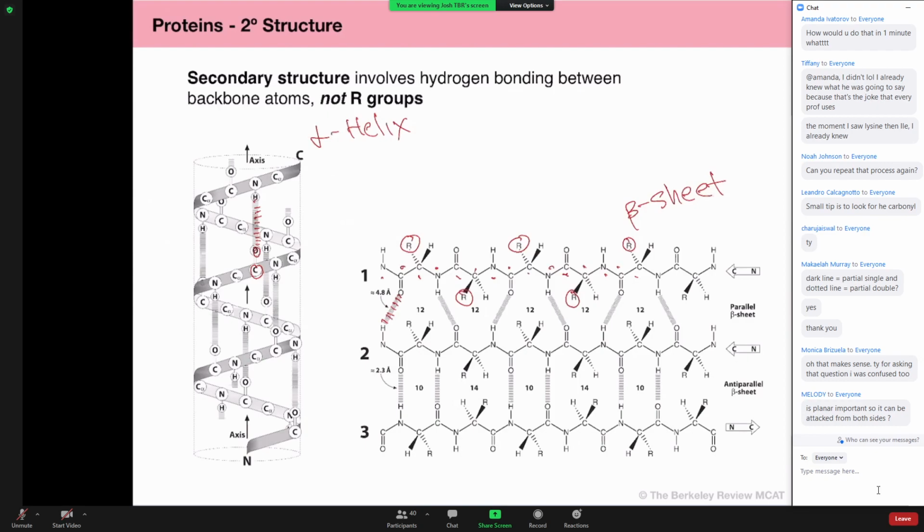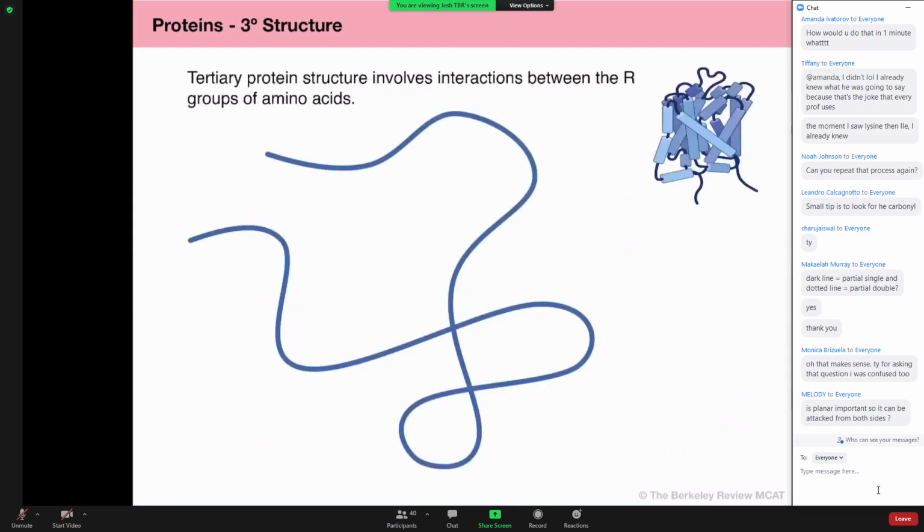Okay. So the key here is, in case you get a question, secondary structure, not R groups, right? It's hydrogen bonding between backbone atoms. Okay, any questions? All right, let's move on to tertiary structure.